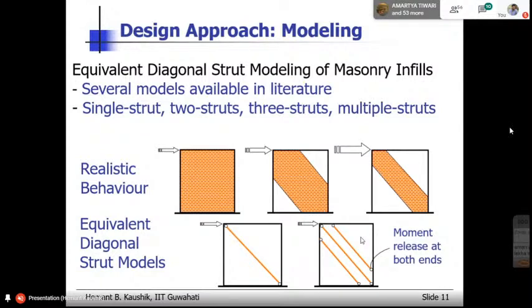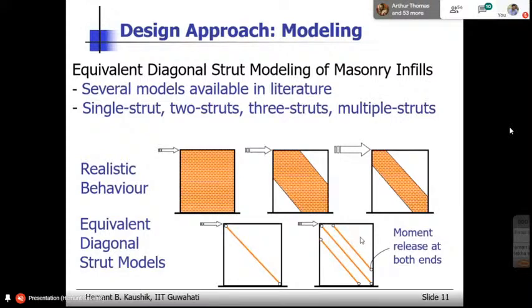So, when you try to apply the lateral load from the frame and on the frame, and this frame transfer this lateral load to the infill wall, the load is transferred as axial force, but the flexural action is not transferred. The reason is the masonry cannot take that bending load. It is very weak in tension, so flexural loads masonry cannot take.